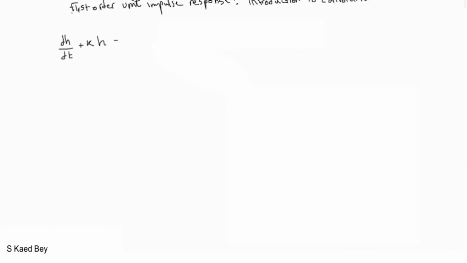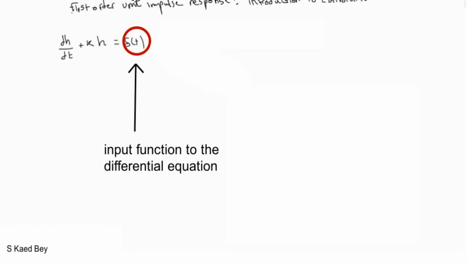Simply by replacing the input by an impulse and finding the output or the response of the system, we will be able to find the corresponding output for any desired input using convolution.